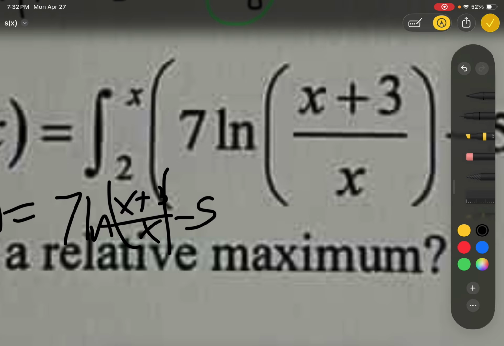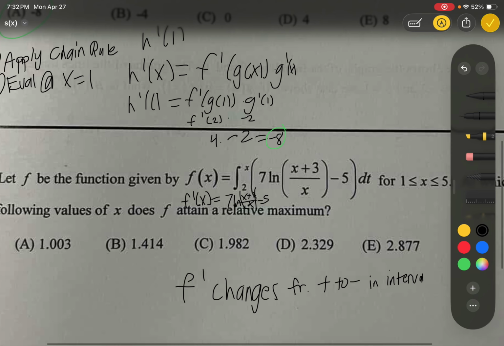So let's double check on that. Let's graph it. Let's see what our graph will look like.